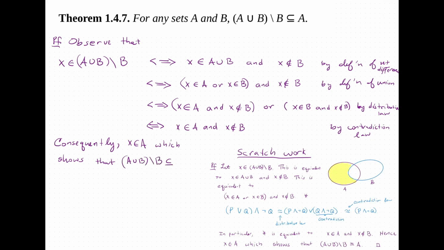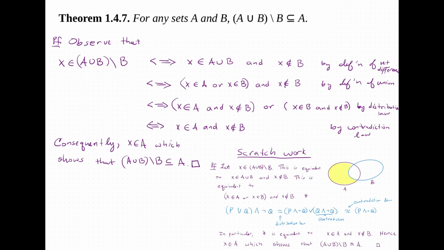Since we chose an element in A union B minus B, and now we have shown that that element is itself in A, and so by definition we have that this is a subset of A, which is what we wanted to prove. And so we are done.